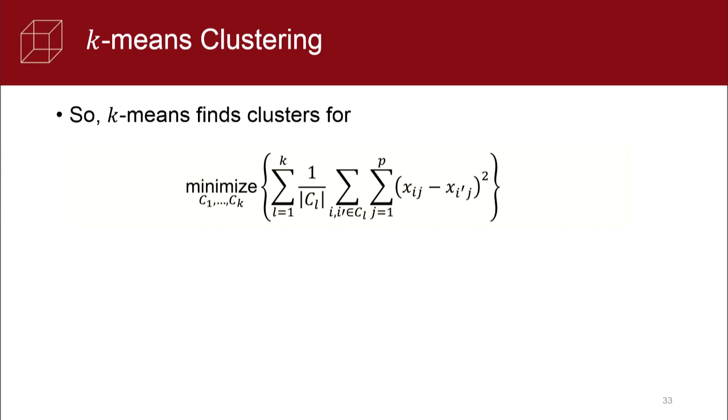So the k-means clustering algorithm tries to find the clusters that minimize the within-cluster variation for every k cluster.